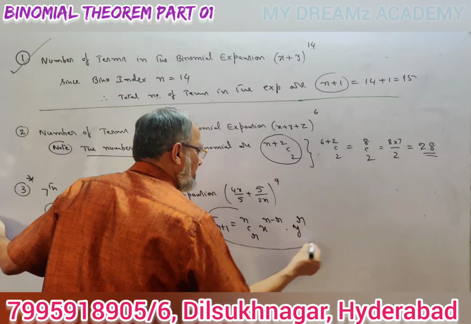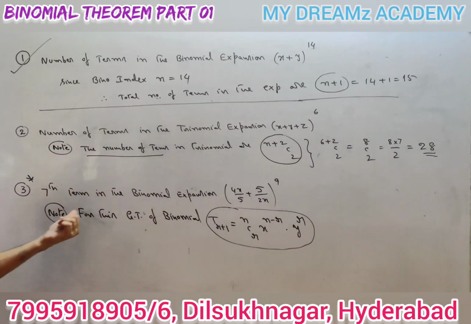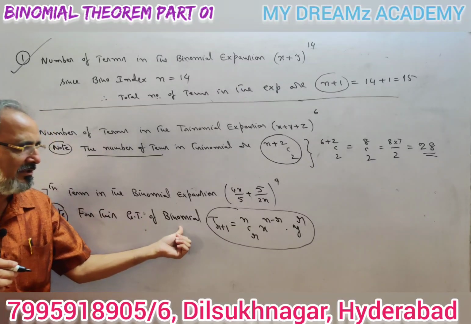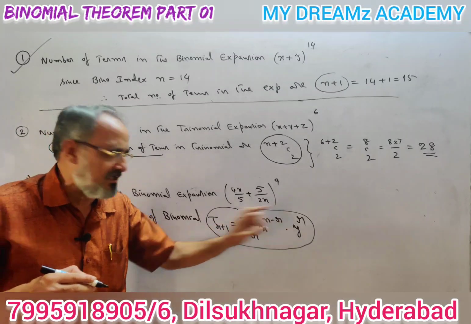This is the formula. Whenever you want to write it, GT means the general term. The general term for a binomial is T(r plus 1) equals nCr x power n minus r y power r.